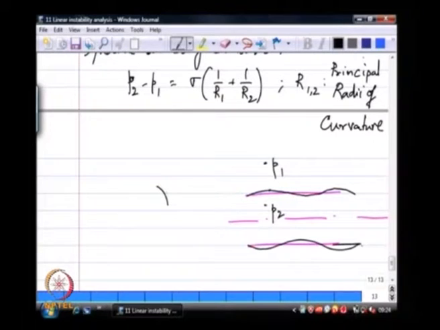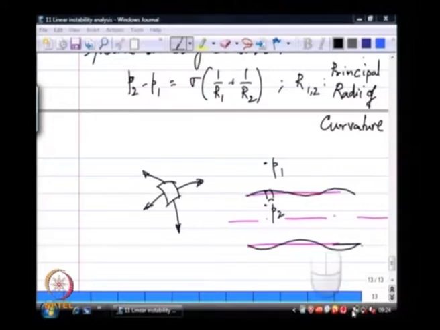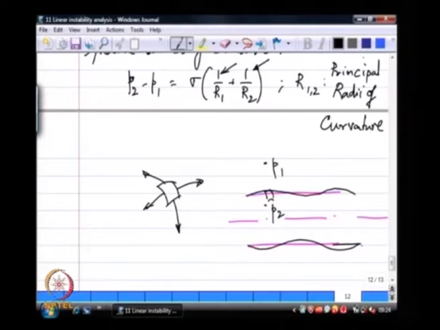So, if I take a short patch of this meniscus, right here, there are surface tension forces acting in all 4 directions. Now, because that interface is curved in both those directions, we have to define what are called the principal radii of curvature, which may not necessarily be in the r and theta directions per se.